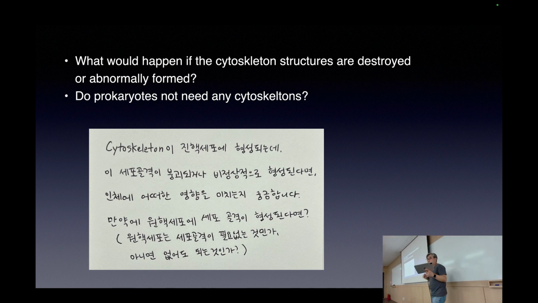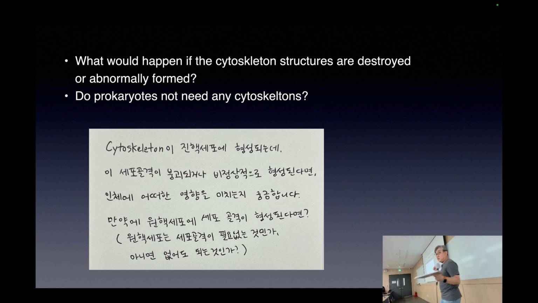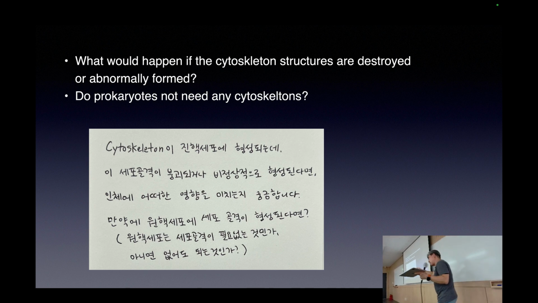It will be critically affected, because of the many functions we get from the cytoskeleton, including cellular transport, cell division, movement through muscle contraction, and even cellular motility, you name it.